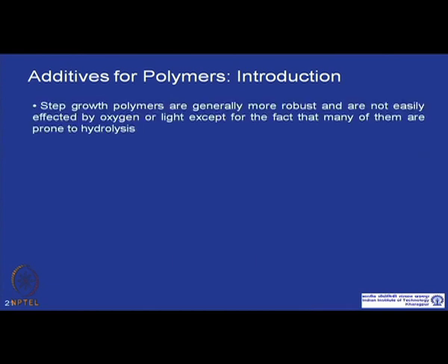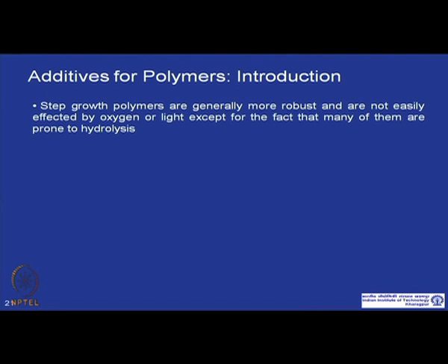Step growth polymers generally do not have these bonds which are very prone to degradation, but they do have functional groups which are prone to hydrolysis, like ester groups, amide groups or carbonate groups.